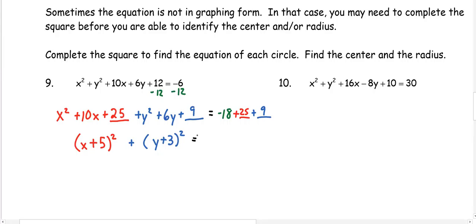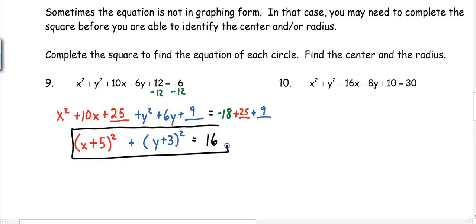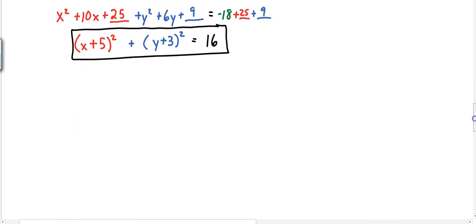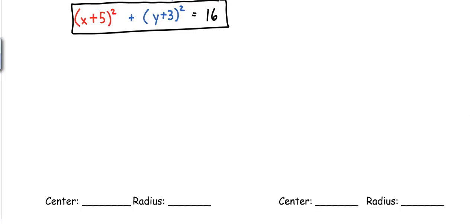So I get -18 plus 25 plus 9, which is equal to 16. Now that I'm in a circle equation, I can identify the center and the radius. So in this case, based on the equation, my center would be at -5, -3, and my radius would be at the square root of 16, which is 4.